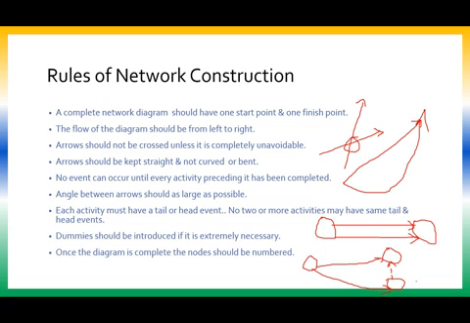So parallel lines cannot be drawn. Between the same set of two circles you cannot have more than one line. So parallel activities are not permitted. Dummies should be introduced only if it is extremely necessary. The teacher has taught about dummies, but if you fill in dummies wherever you find a place, your marks will turn out dummy too.